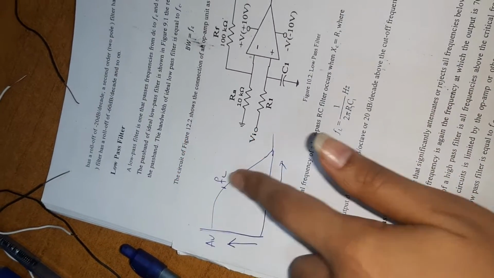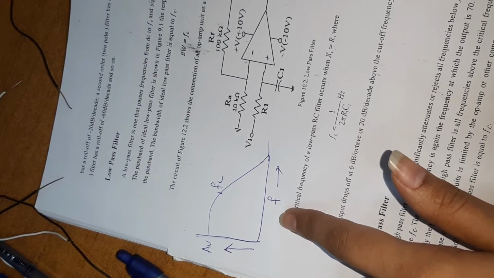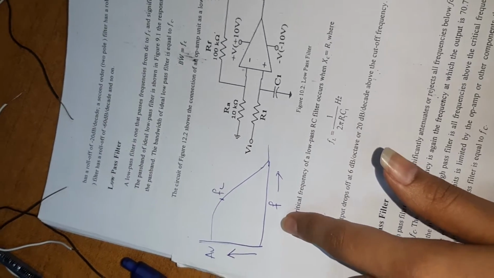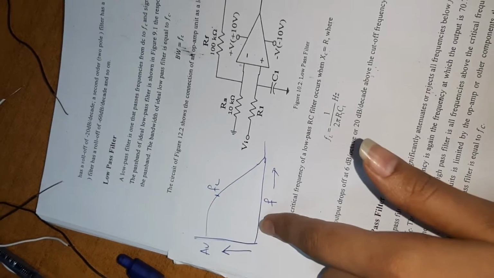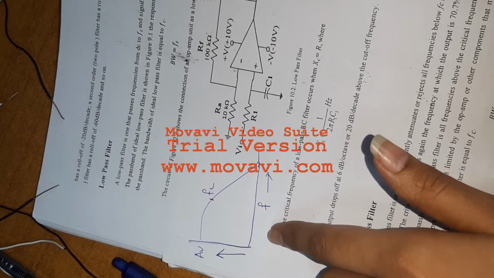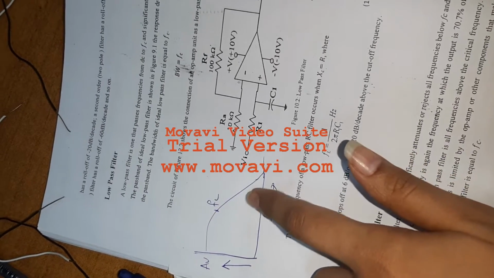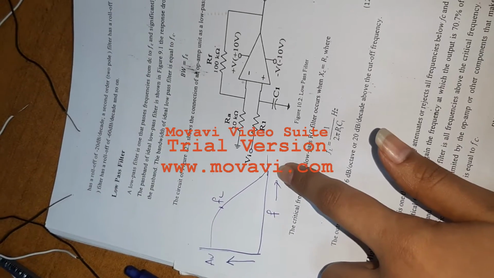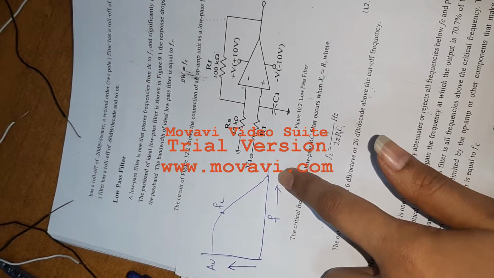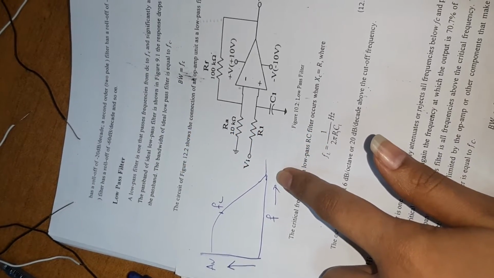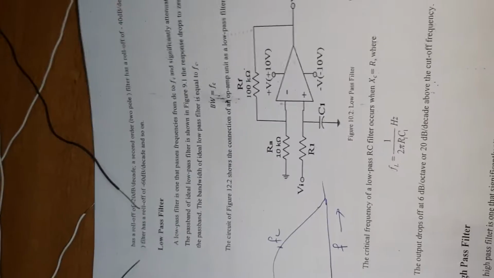This shows the response of a low pass filter. You can clearly see that at low frequency the gain of the filter is maximum, and as the frequency increases the filter response decreases, which shows that it is a low pass filter, which allows low frequencies to pass and attenuates high frequencies.